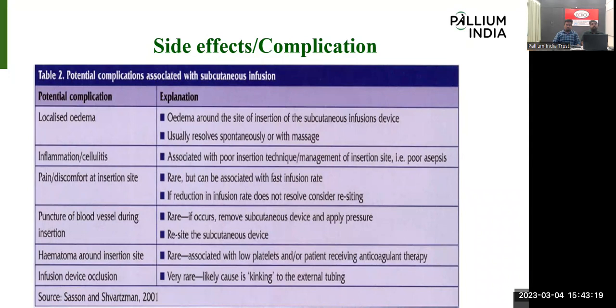Then infusion device occlusion in between. For example, if we are using a syringe driver or syringe pump and the alarm sounds or it stops in between, that is also very rare. If it happens, we need to check the connection, the tubing, the prime line, everything. If there is any kinking in the external tubing, we need to correct it and we can continue.